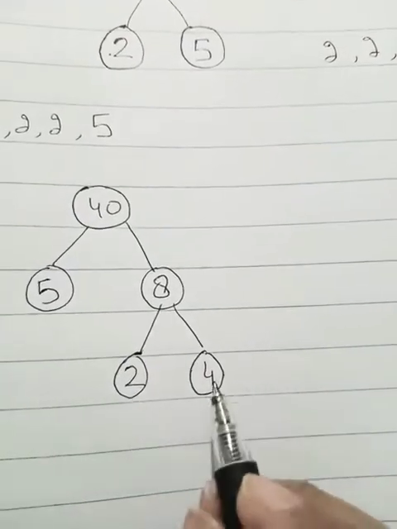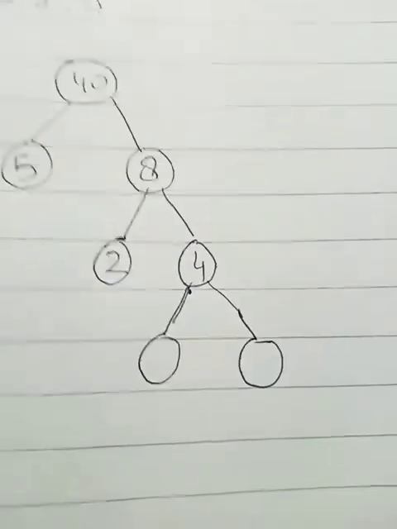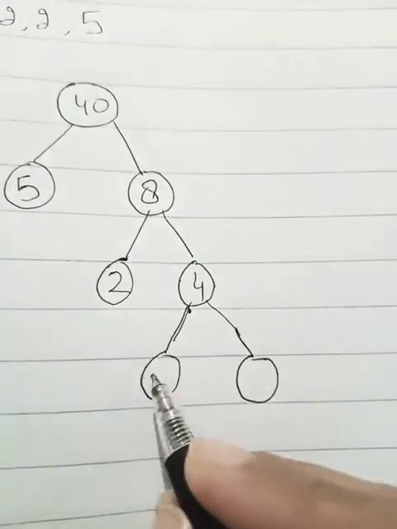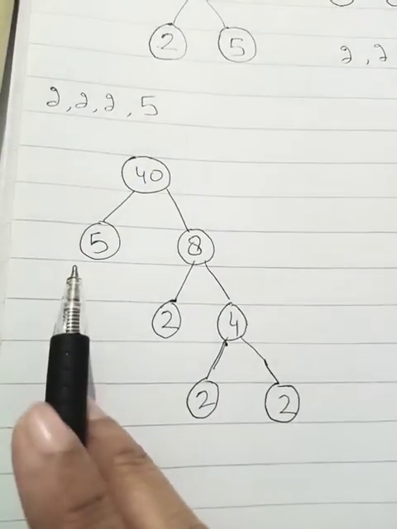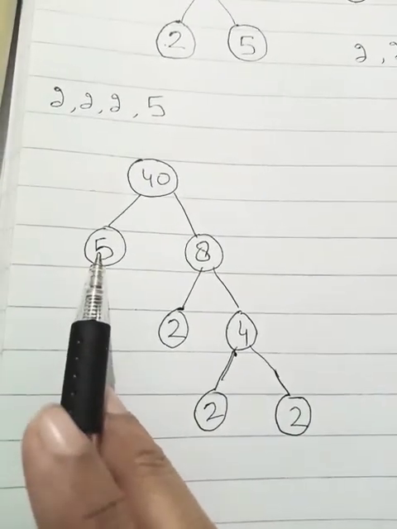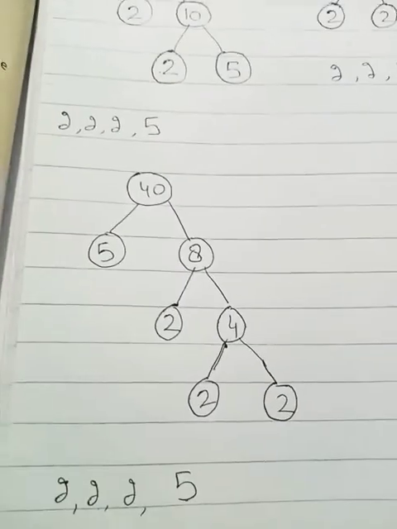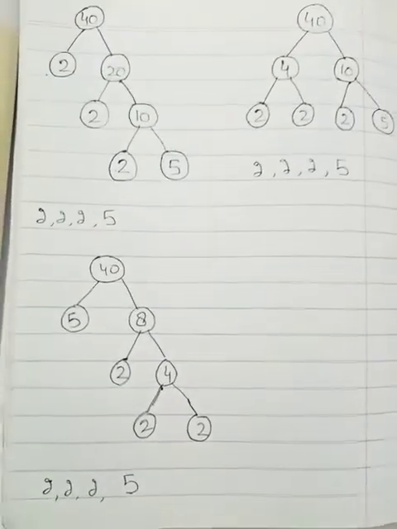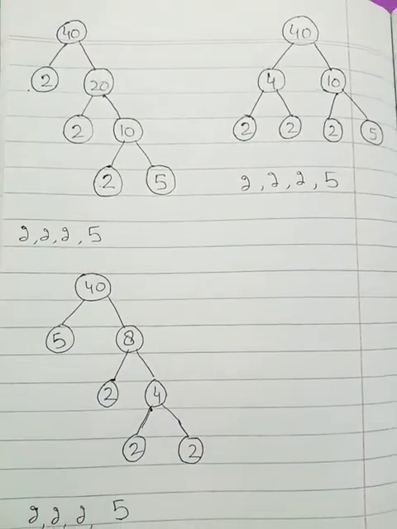Now 2 is a prime factor, but 4 is a composite number, so we will again break it up. How can we break it up? 2 2s are 4. Okay, so in this case, how many factors do we have? Again 5, 2, 2 and 2. Alright, so there are 3 methods of making a factor tree of 40, right?